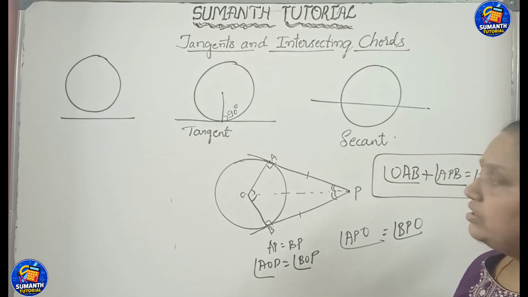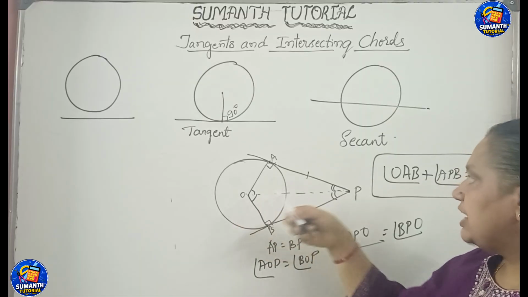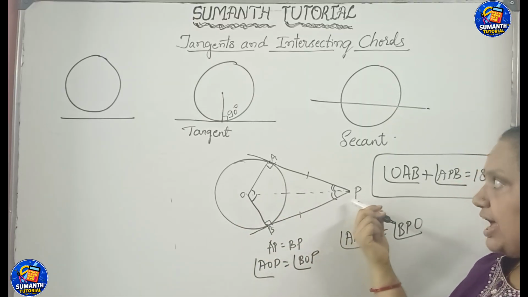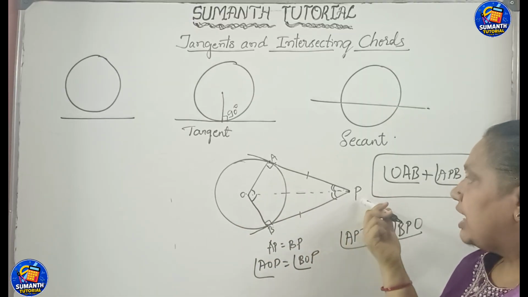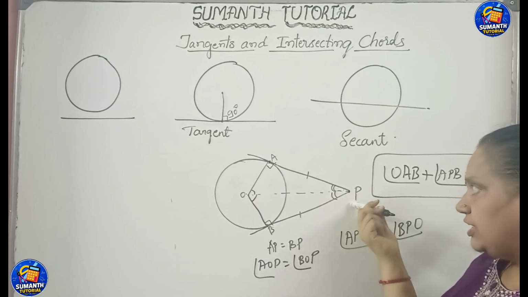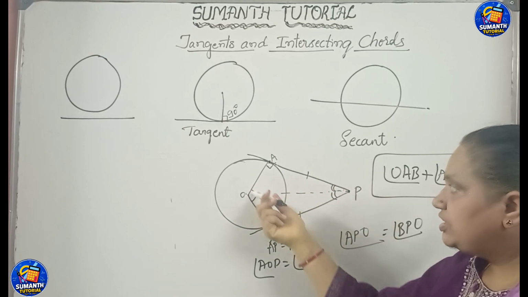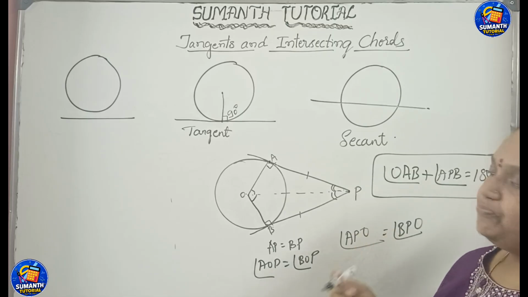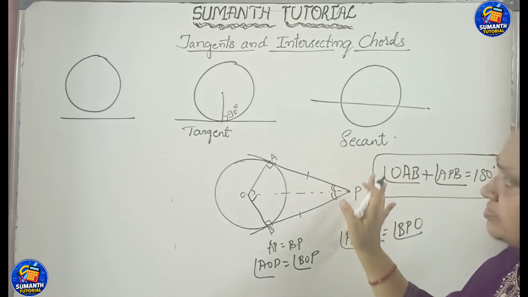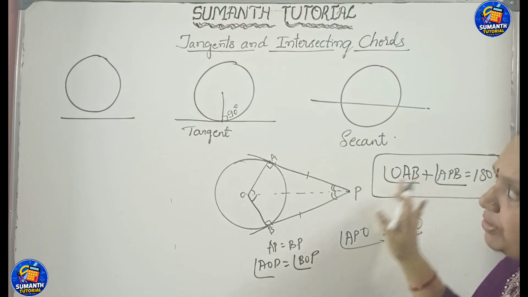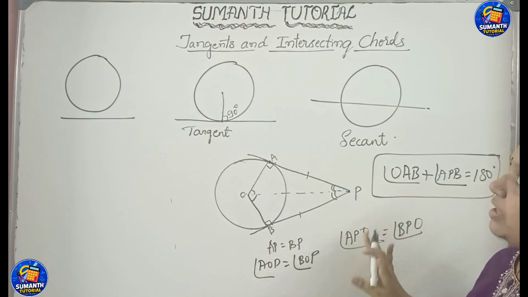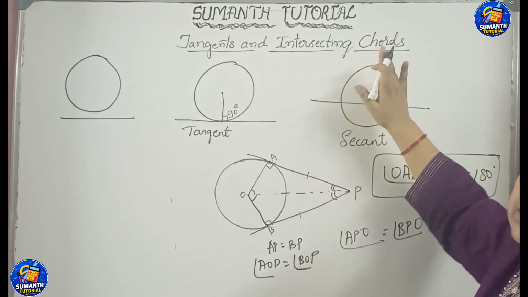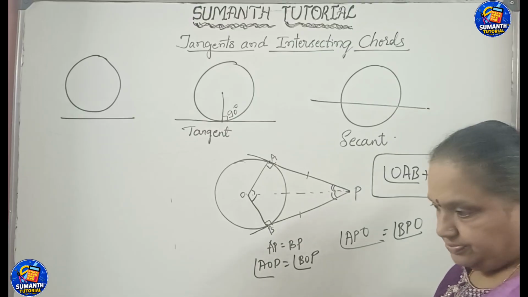The sum of the angle formed at the center and at the exterior point, between the tangents, will be equal to 180 degree. These are the things you should keep in mind to solve the problems related with the tangents and intersecting chords.